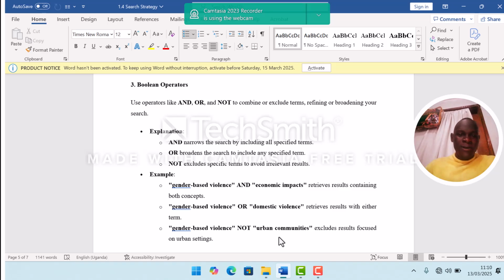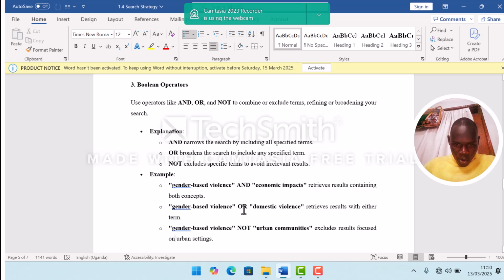For example, look at this: gender-based violence AND economic impact. The Boolean operator we have used here is AND, to bring us things concerning gender-based violence and economic impact, retrieving results that contain both.